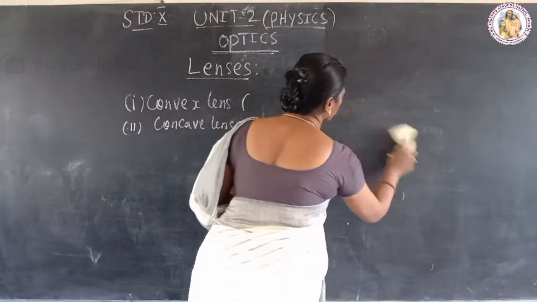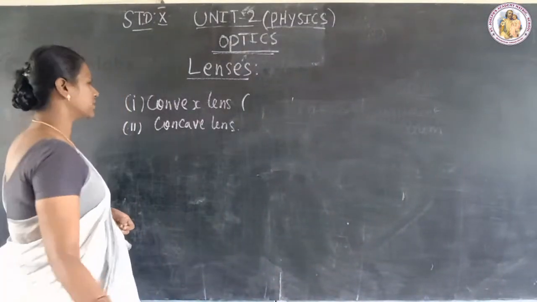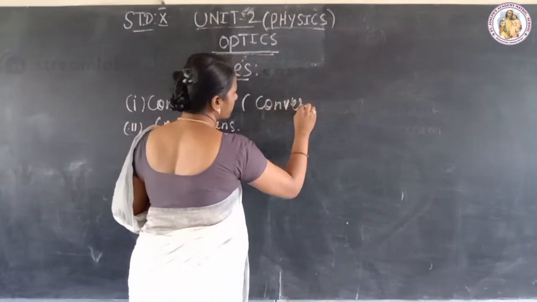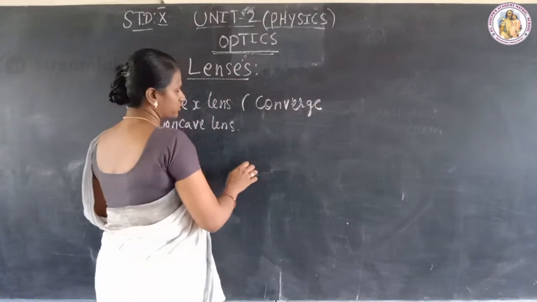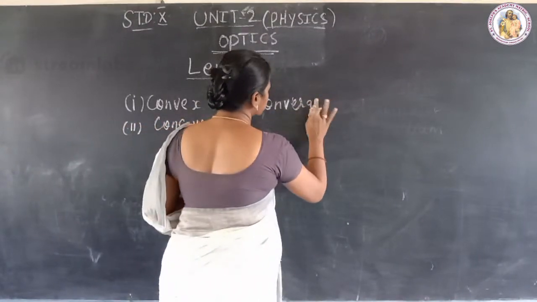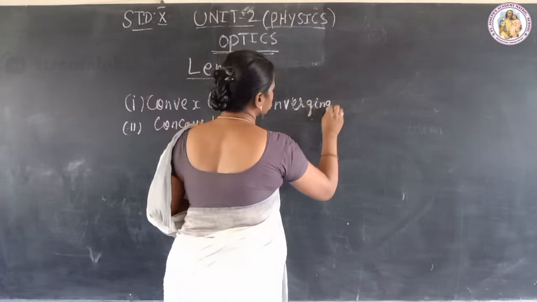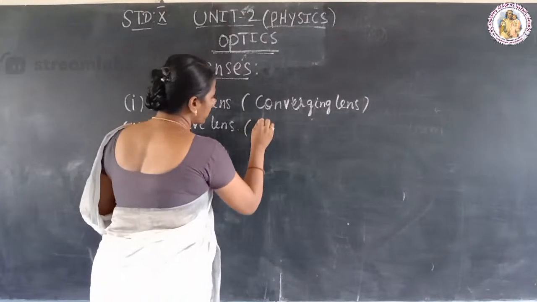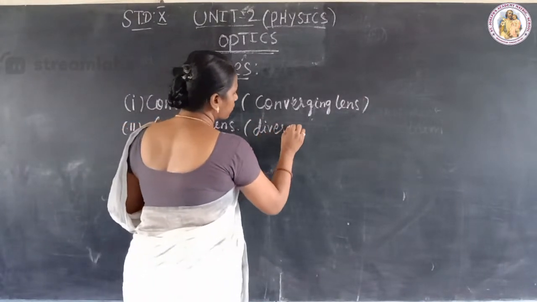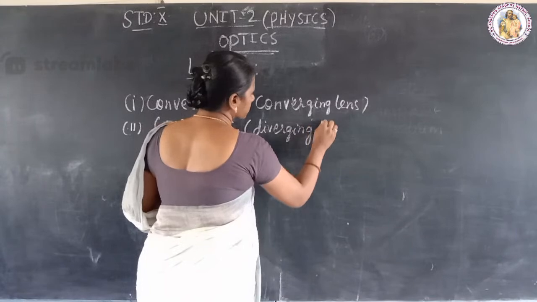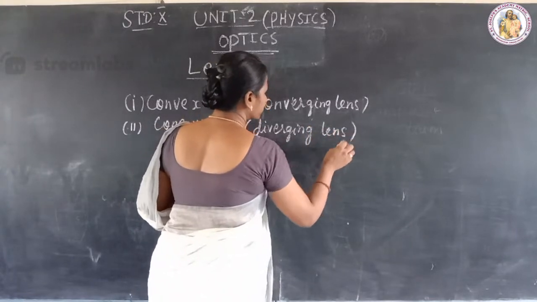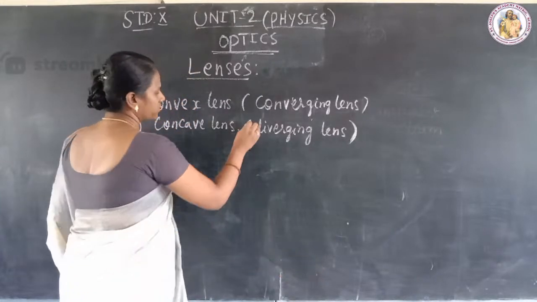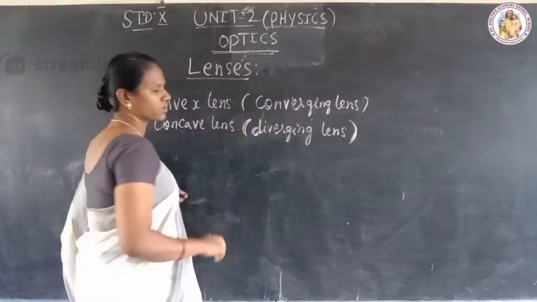The concave lens diverges and scatters the light, so here the light seems to be diverged. That we will discuss.